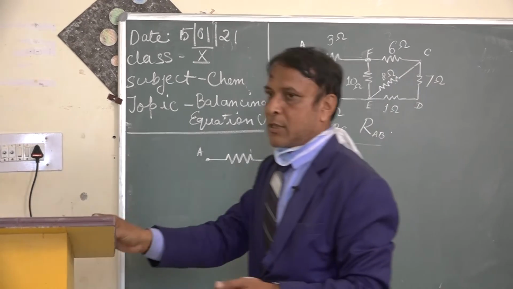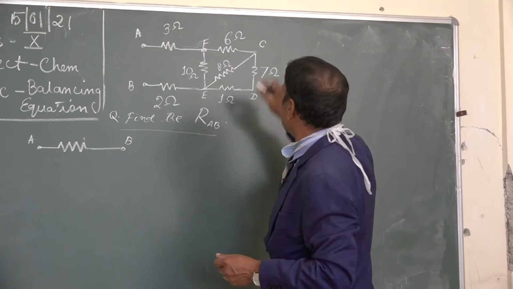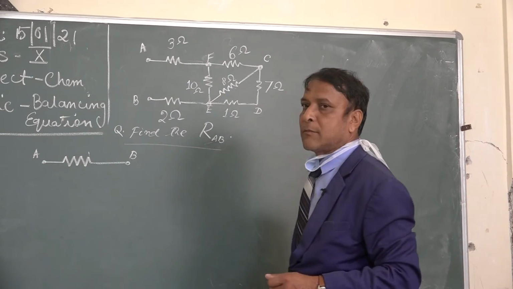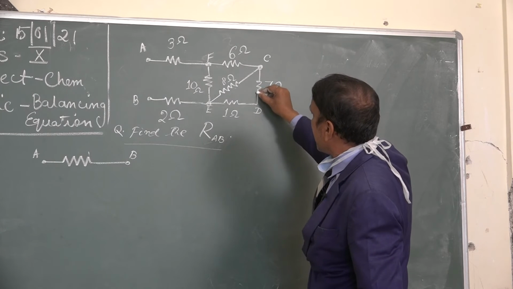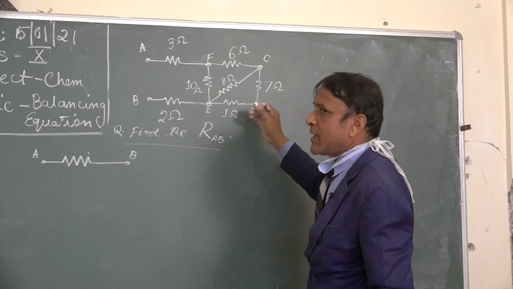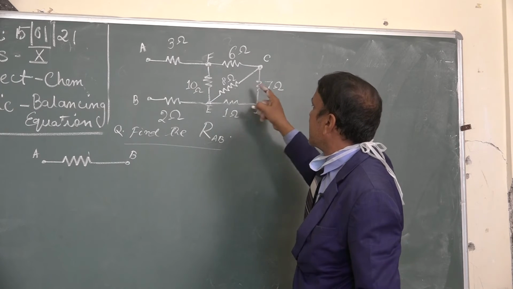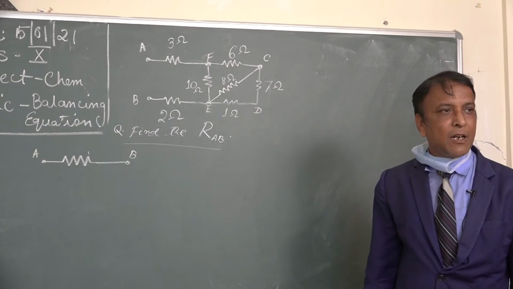Now you come here. From one side of the figure you come to this junction C and junction E. Now you tell me, from C to E, it is simply a bent wire. From C to E, this 7 and this 1, they are in series or parallel?